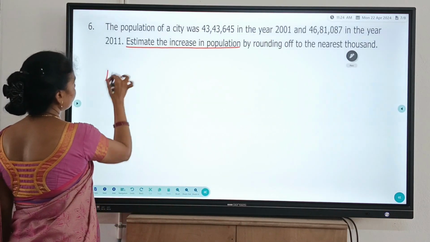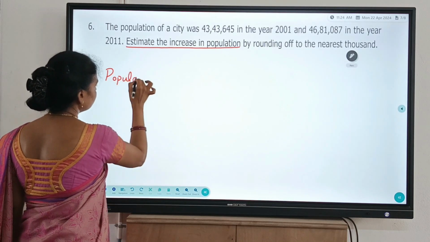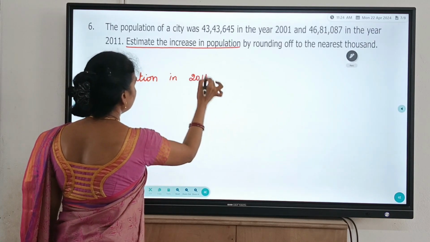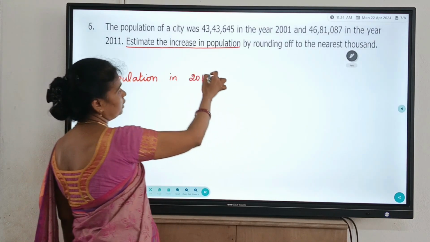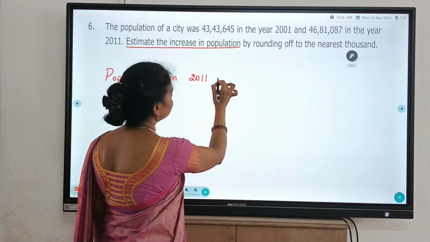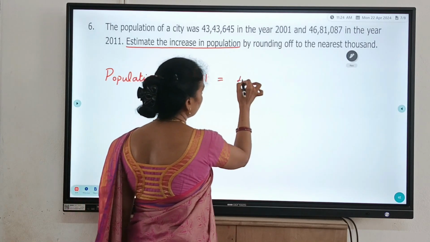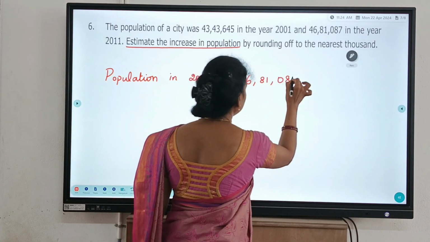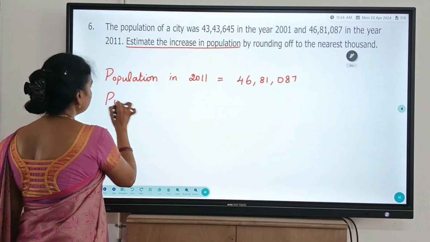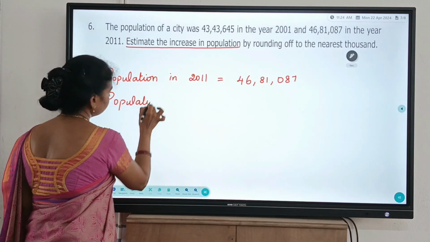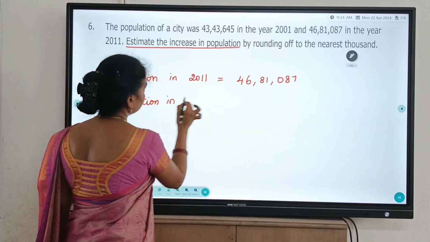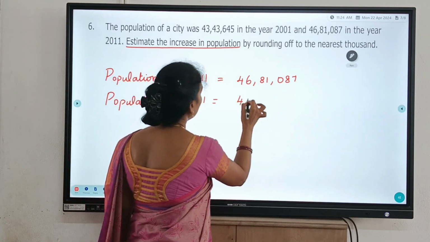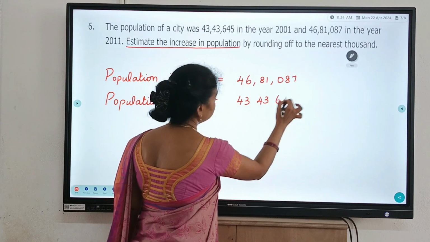So what you are going to write here is population in 2011. We are going to find the increase in population. So you are going to find the difference here. So in 2011 the population was 46,81,087 and population in 2001 is 43,43,645.